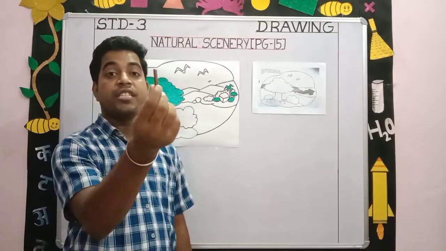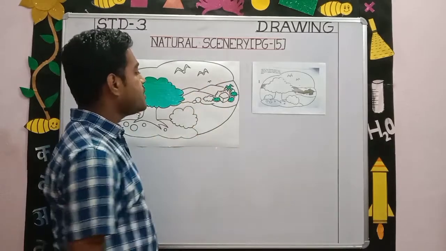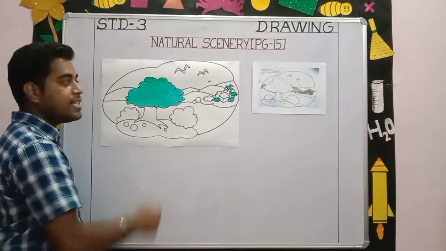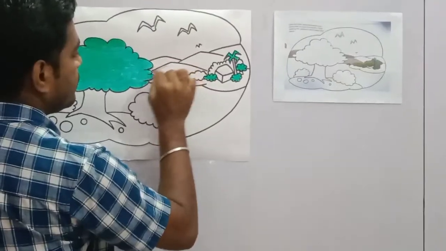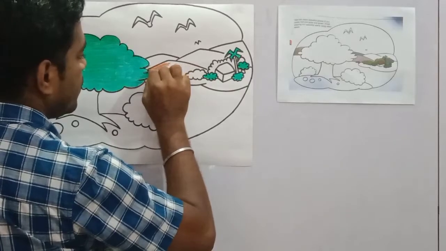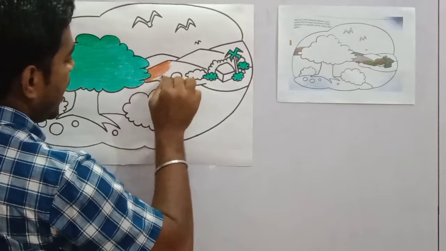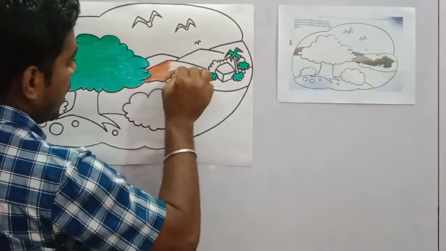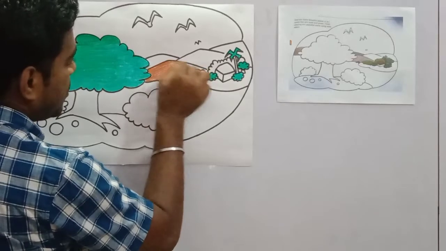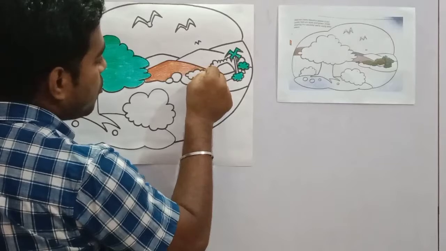Now I am going to use this brown color to color these natural mountains as well as the bigger boulders which are drawn in this natural scenery. Mountains are generally found in hilly areas like Shimla, Jammu Kashmir, Kullu Manali, etc. Our mountain is not a snowy mountain, it is a rocky mountain.